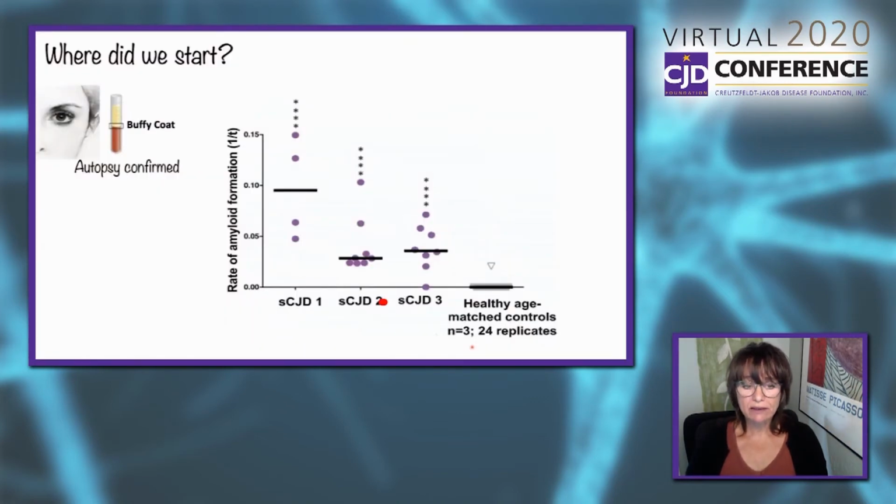So we had some samples in the freezer, Buffy coat samples from autopsy-confirmed sporadic CJD individuals, patients. And we took samples from these patients and put them into our assay. And much to our surprise, we were able to detect amyloid in these samples, in all three of these samples, as compared to healthy age-matched controls.